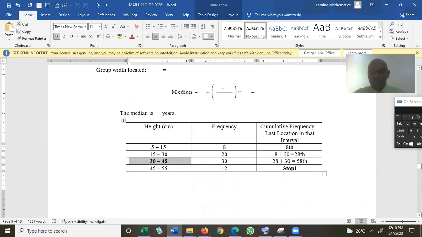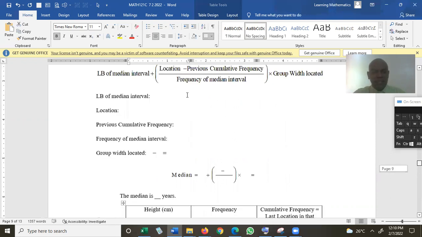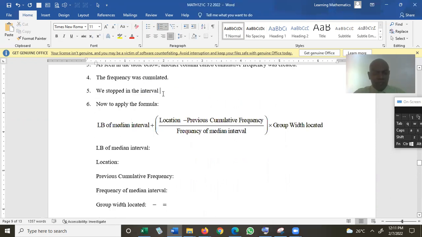So 30 to 45 is the median interval. Just to specify, the median interval means that's where the median is located.